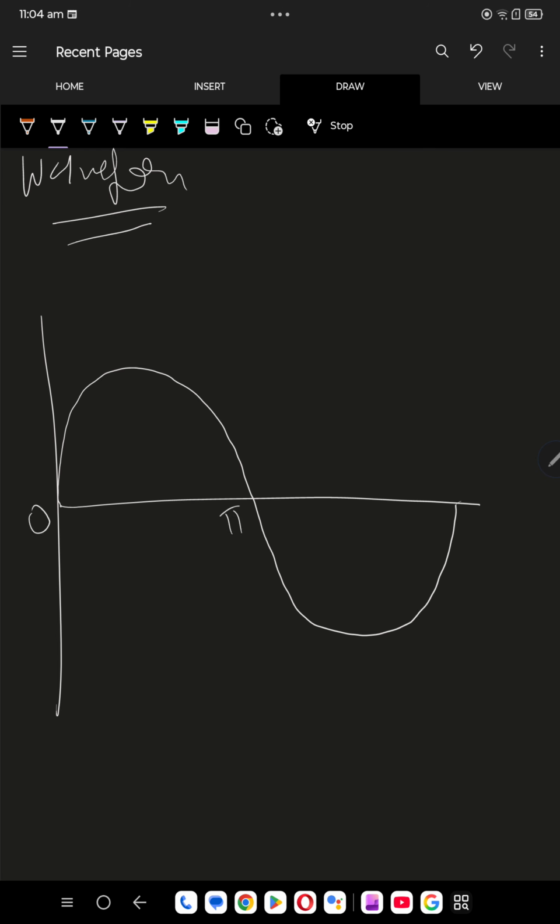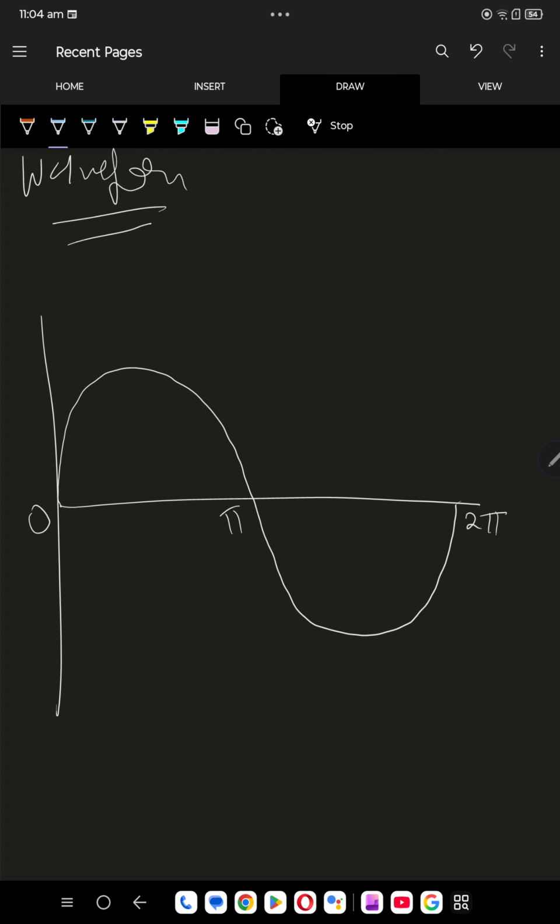0, pi, 2 pi. When we learn RL, RC and RLC, it's going to be a little confusing, so try to make your own tricks to remember. For this, only these 3 points, 0, pi, 2 pi, are required. This is the voltage. Now current will be lesser than voltage. I have to remember it's in the same phase, in phase with voltage but lesser in magnitude.